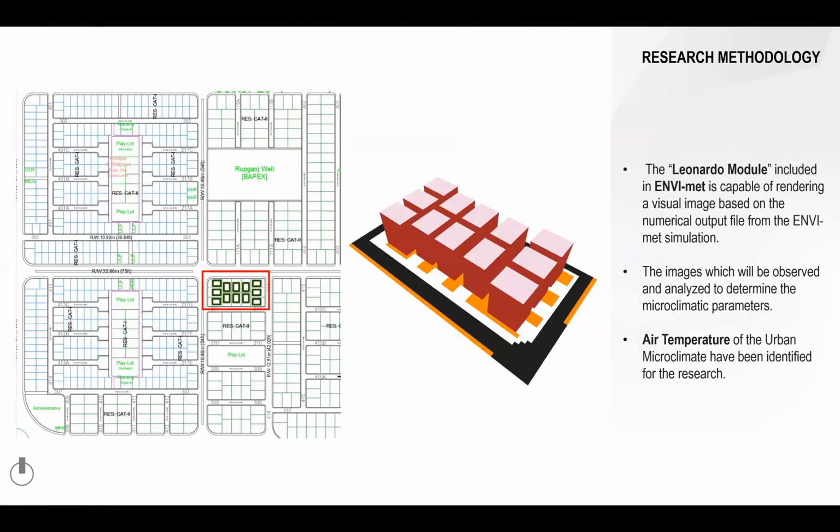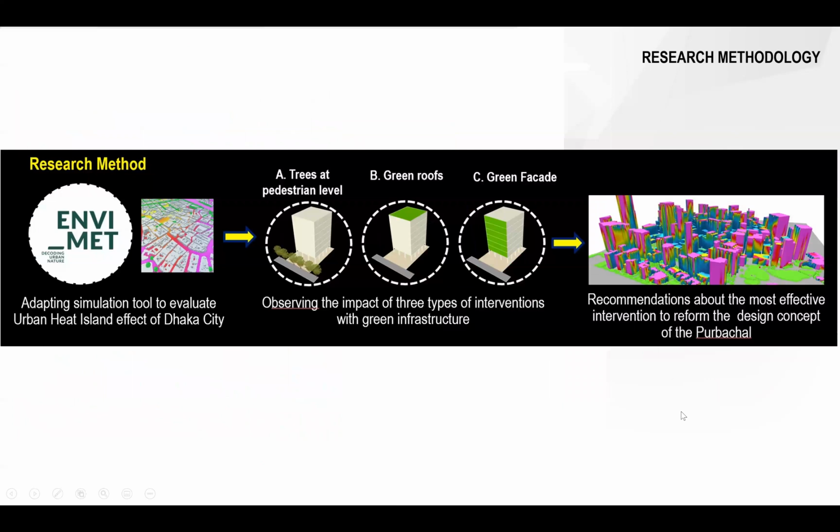For this research, the software ENVI-met is used. With Leonardo, it is possible to see the rendered image to understand the microclimate. For this research, air temperature has been selected to understand the urban microclimatic condition.